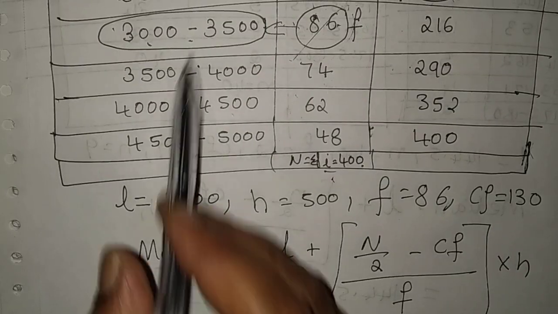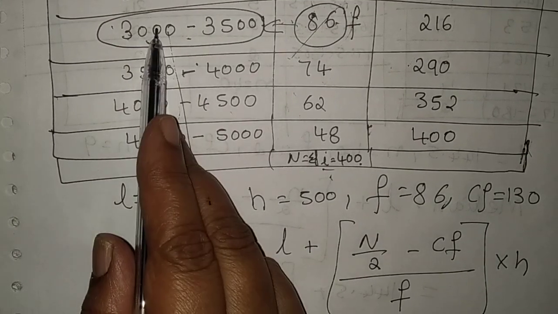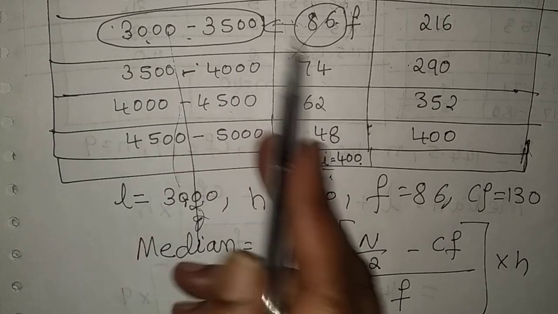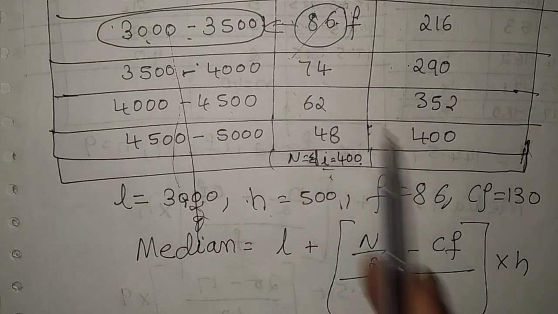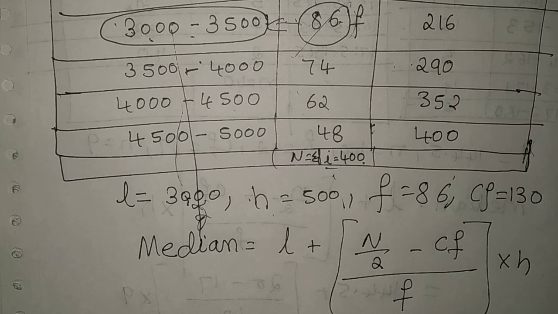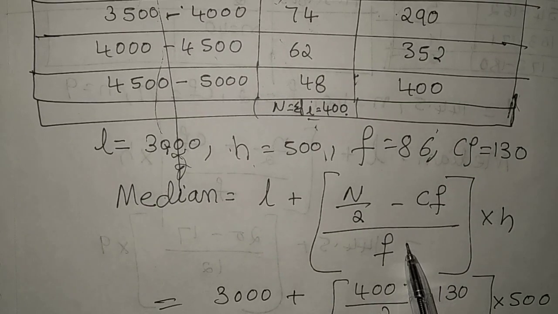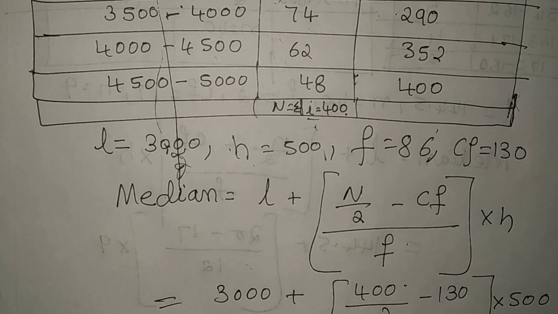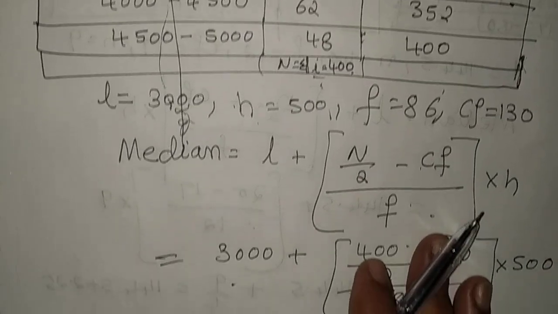Then cumulative frequency, since this is the maximum frequency, this will be the cumulative frequency. So take L will be always this one, that is the maximum class starting or lower limit. Then difference will be 500, that is h, f is 86, CF is 130. Then take the median formula and substitute all. L plus (N by 2 minus CF) by f into h. That is L is 3000, N 400 by 2 minus CF is 130 divided by 86 into 500.